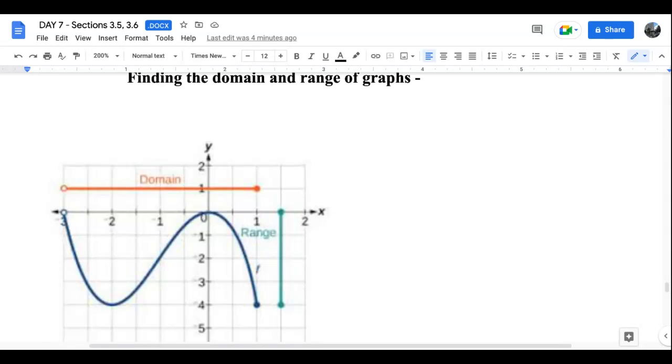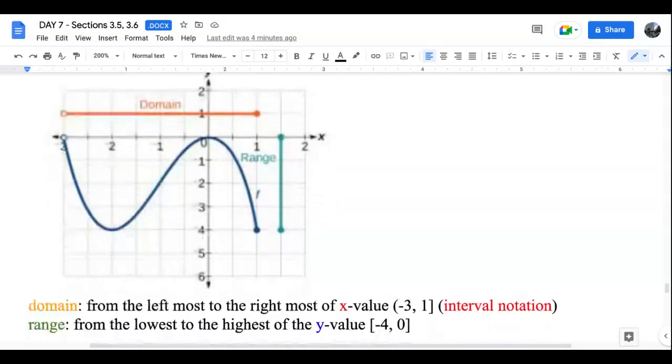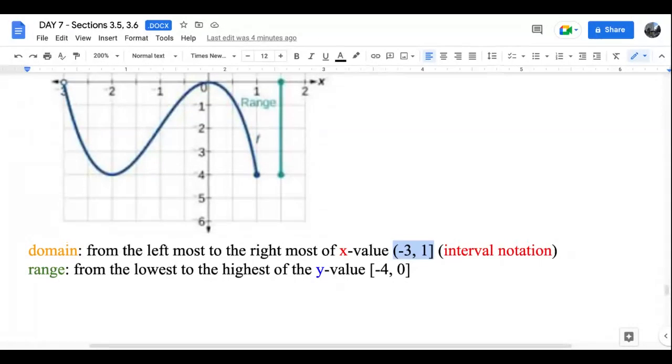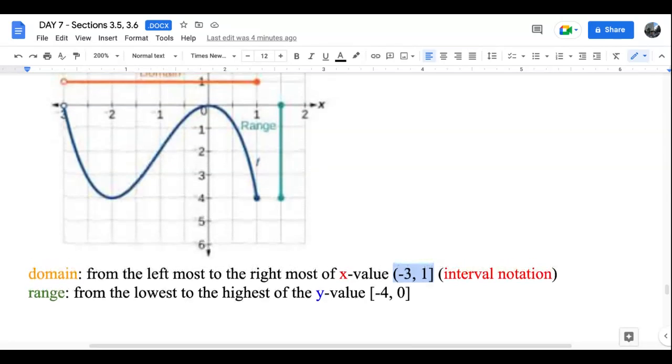1 is in the domain, so we use a bracket to represent that. So the domain is from -3, not including -3, up to 1, including 1, in interval notation. Domain talks about the x values, the x-axis.